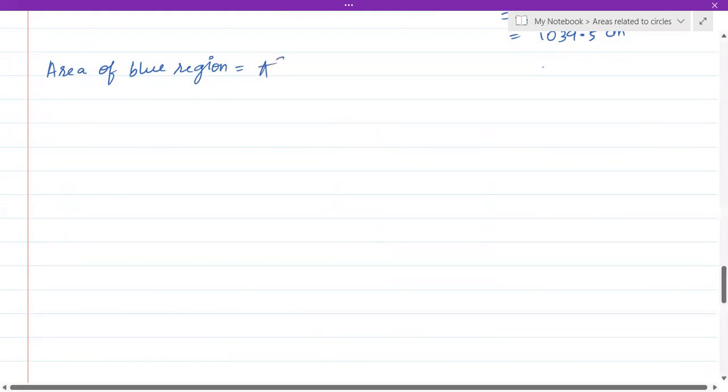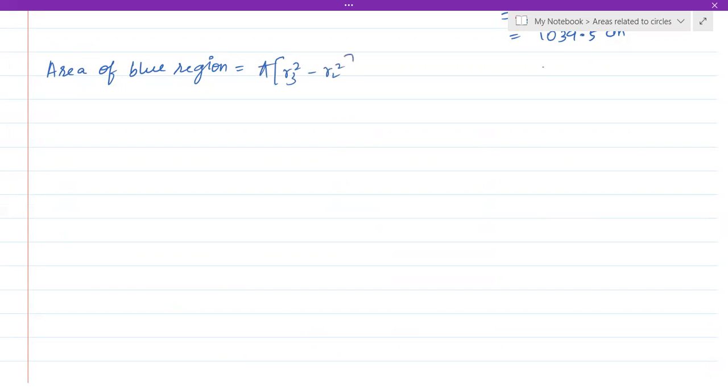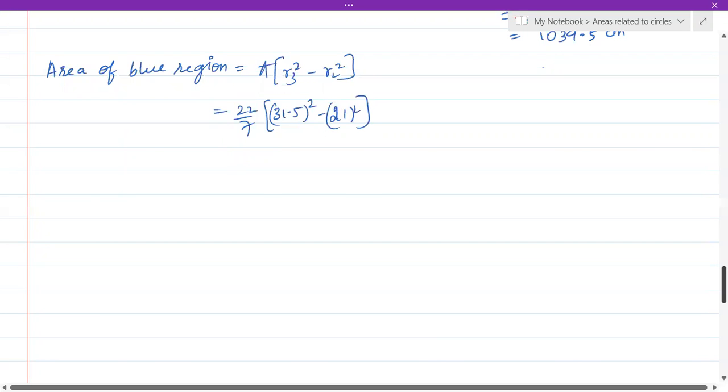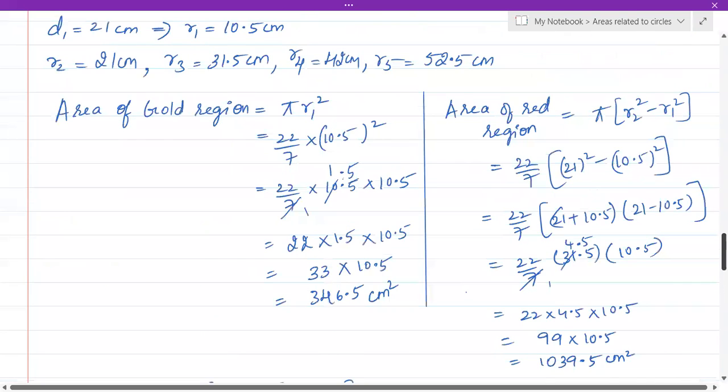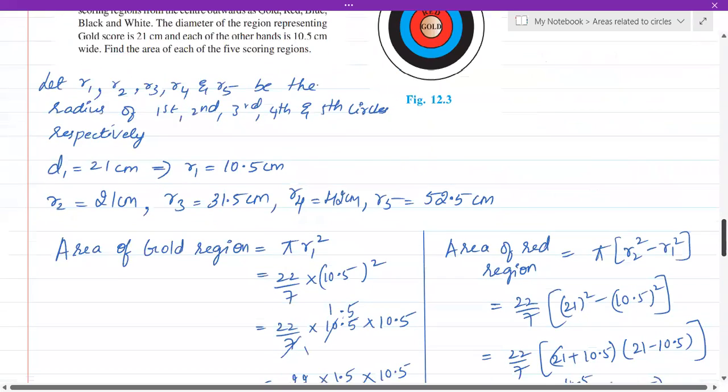So pi, the third circle radius R3 square minus R2 square. What is the pi value? 22 by 7. What is the R3 value? It is 31.5, minus R2, which is 21, square. As you remember, R3 is 31.5 and R2 is 21.